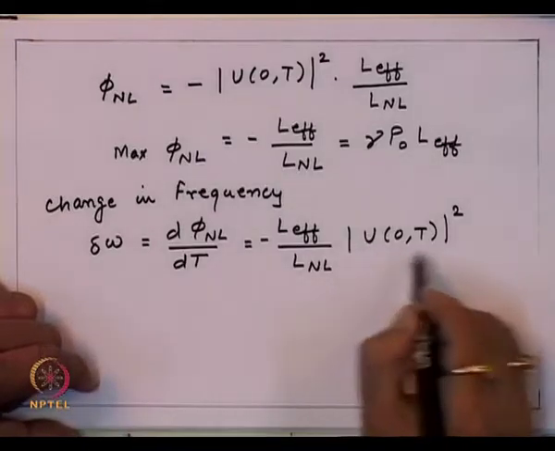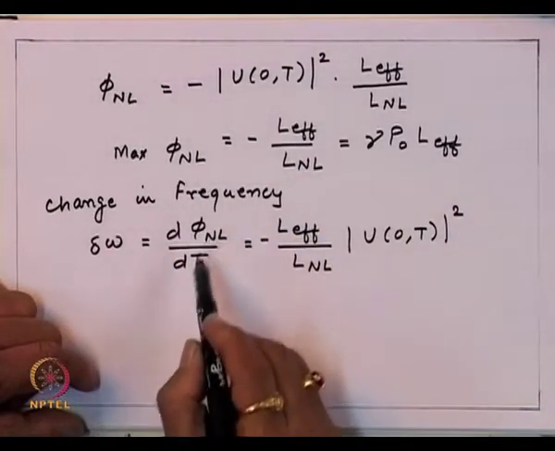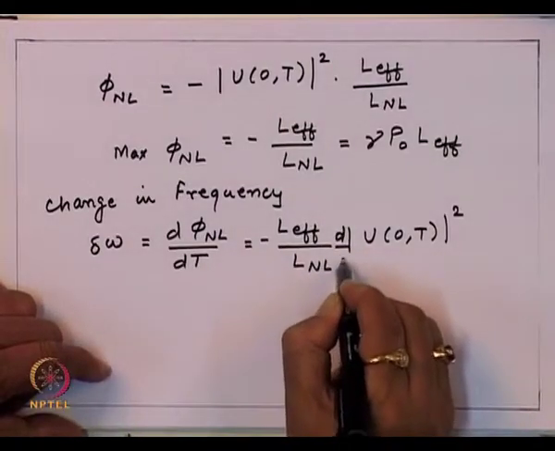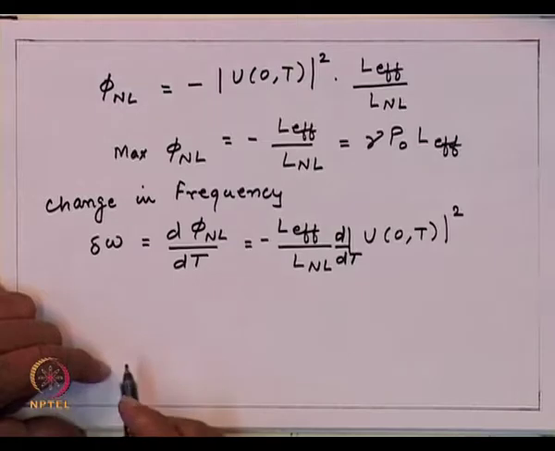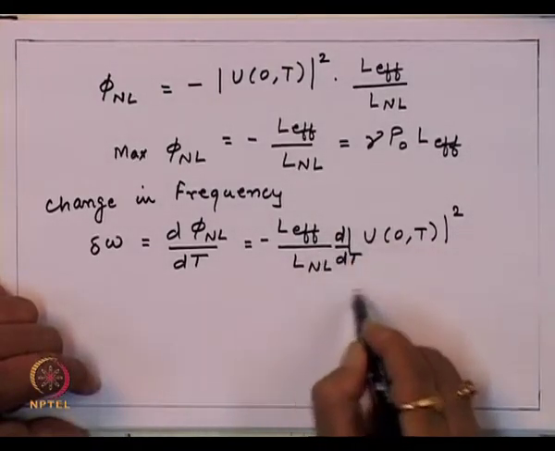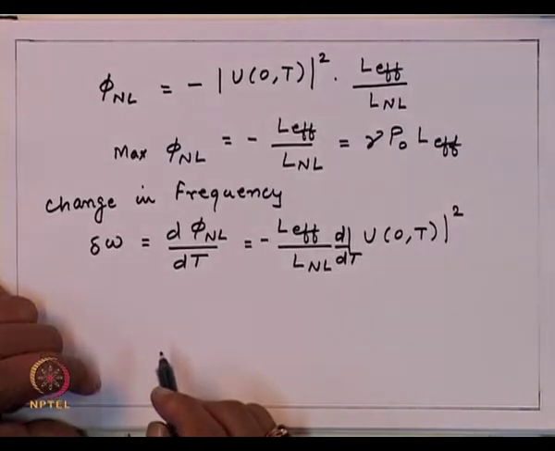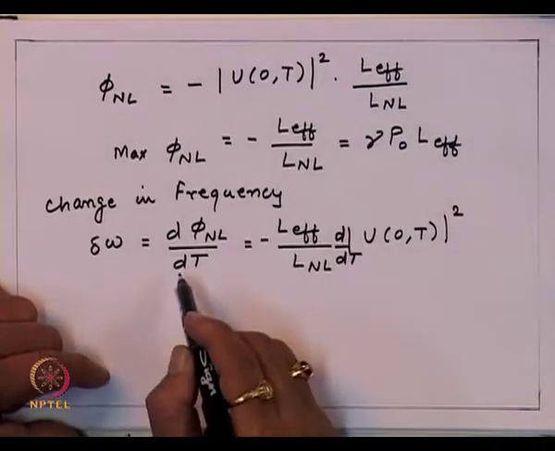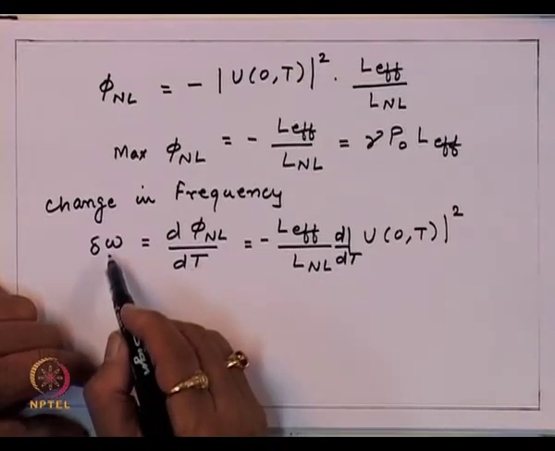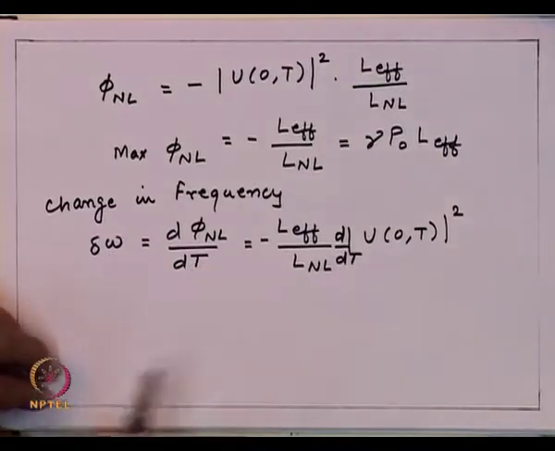Now, you have to take a derivative of this quantity, d phi by dt, so this has to be d by dt. Whatever the pulse shape, you take a time derivative of it, and that quantity will give you the change in the frequency as a function of time inside the pulse.